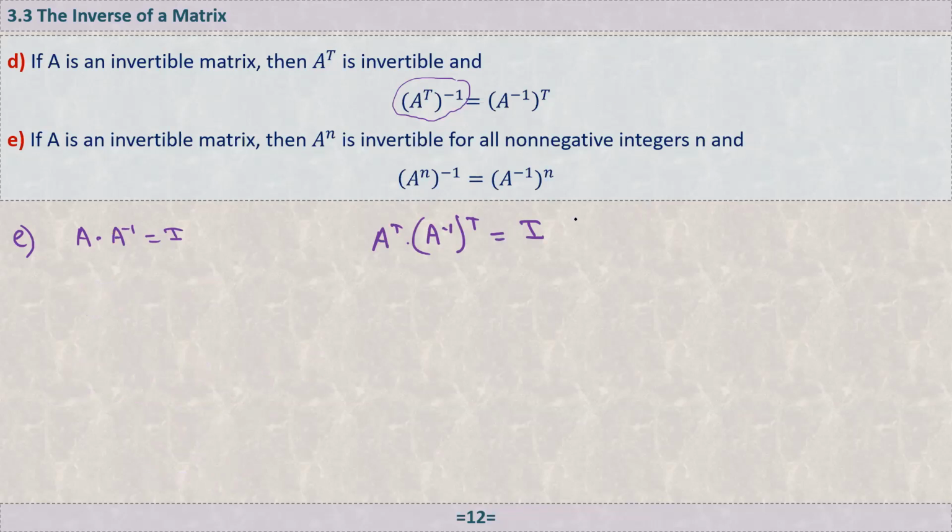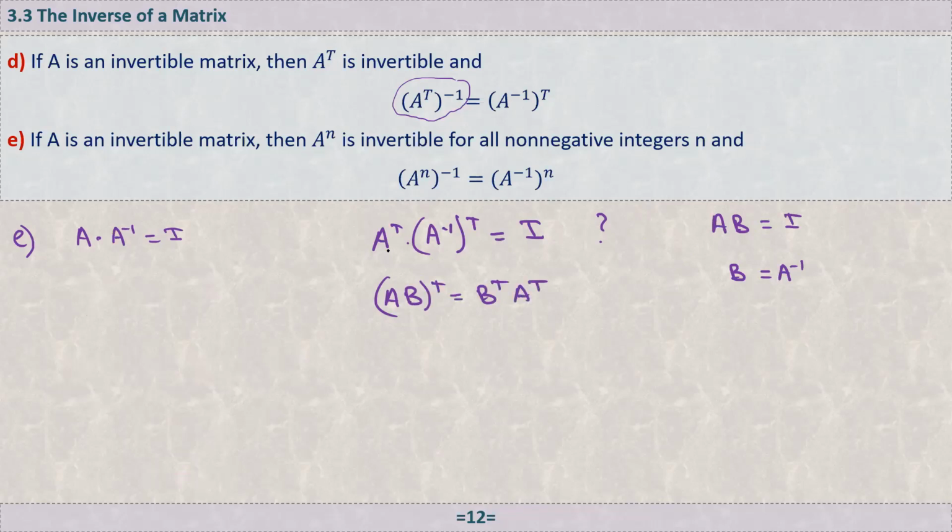So we have to show that this is equal to I. I'm not sure yet whether it is true. If it is true, that means this matrix, A transpose inverse, will be equal to this, because the product is equal to I. From the definition, if A times B is equal to I, that means A is the inverse of B, or B is the inverse of A. In a similar way, by using the property of transpose, we know that AB transpose is equal to B transpose times A transpose.